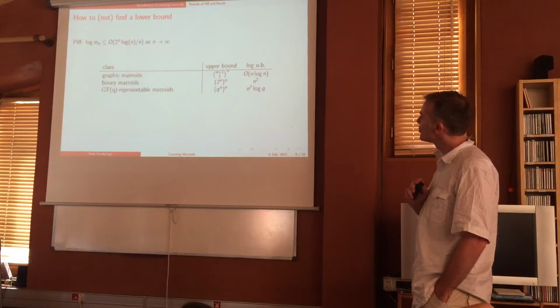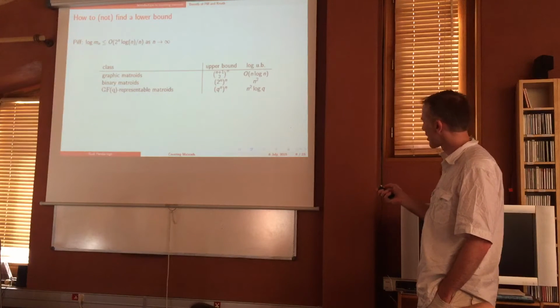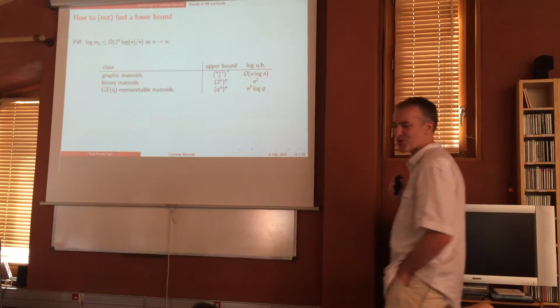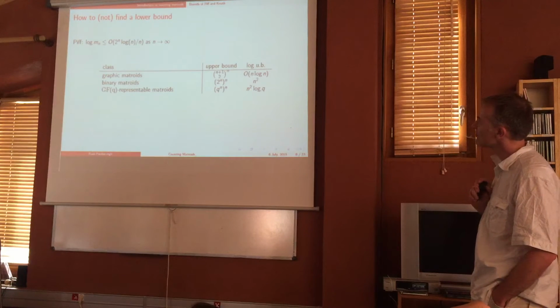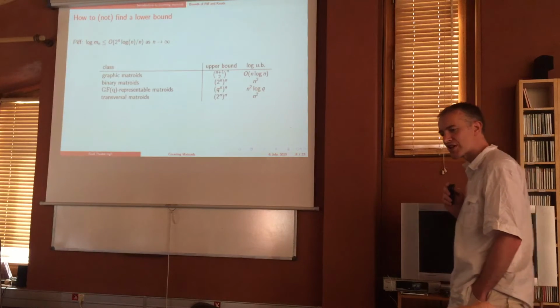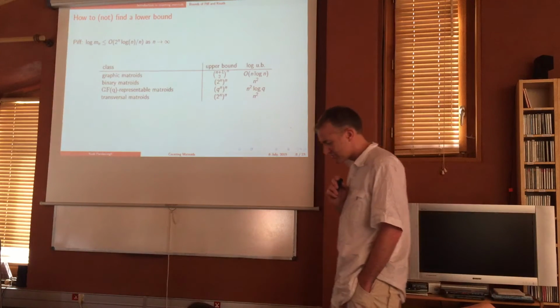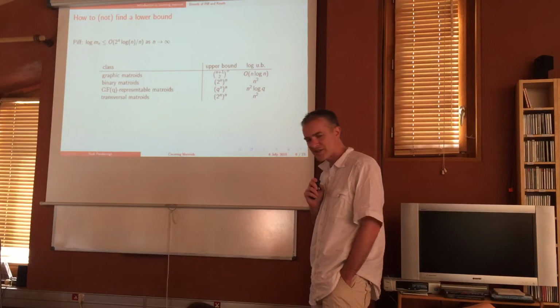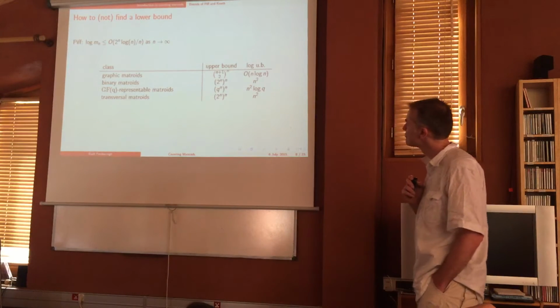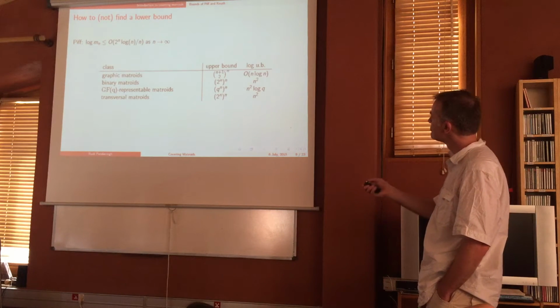And GF(q) representable, well, same thing, except that you now have a log q, which is still not going to help much. Transversal matroids. I think every transversal matroid is characterized as the transversal matroid of a set system with n sets. So you would have to specify n sets, and subsets of an n set, and take n of them.